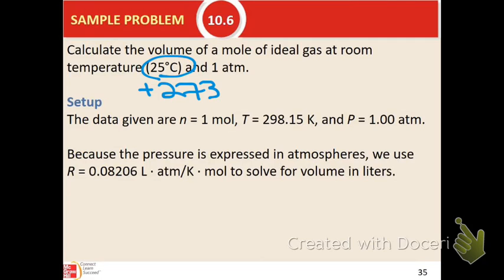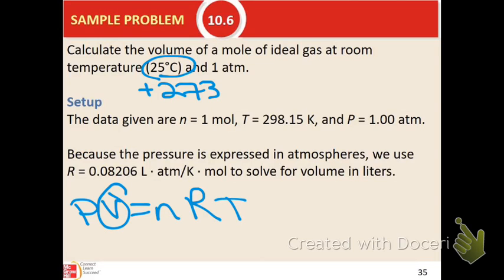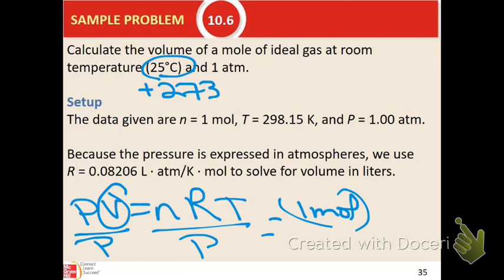So you can use PV equals nRT, and I'm looking for volume. So how am I going to get V by itself? I'm going to divide by P, divide by P. Okay? So what's my n? My n is 1 mole. My R, in this case, is going to be 0.08206 liter ATMs over mole Kelvin.